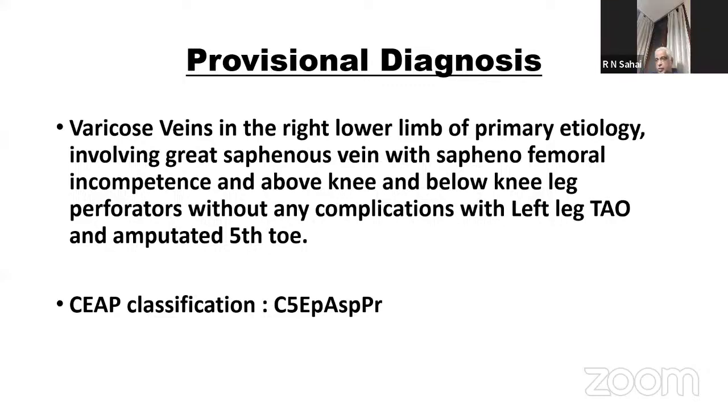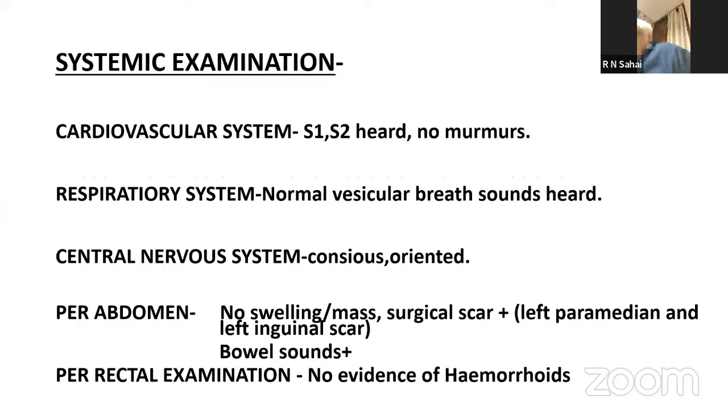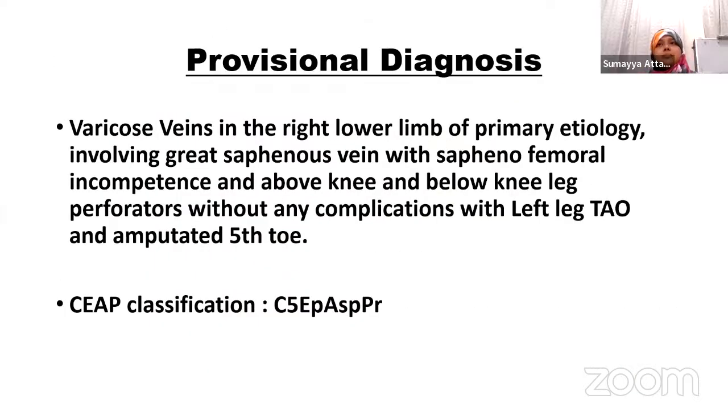Okay, good work. In your provisional diagnosis, you said varicose veins in the right lower limb of primary etiology. What's the difference between primary and secondary varicosities? Sir, in primary etiology varicose veins, there will be valvular incompetence.